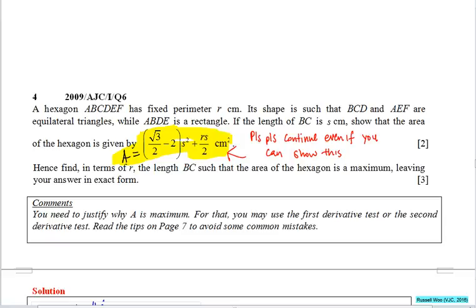Thank you. You have S, you have R. These are letters. You must be very sure that this expression is only made up of one variable. That means if R and S are both variables, then you don't proceed to differentiate first. But in this case, because it says R is fixed, that means R is a constant.